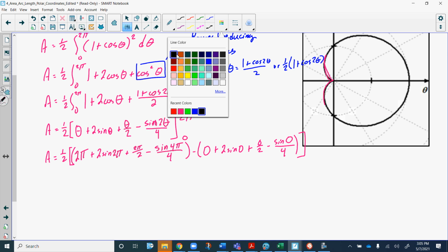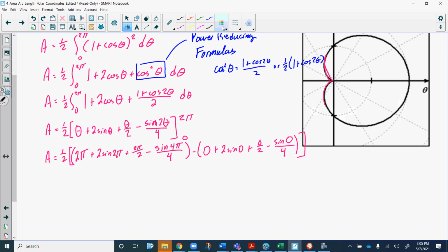Let's see. So here, sine of 2 pi is just going to be 0. So 0 times 2 is just 0. 2 pi over 2 simplifies to be pi. Sine of 4 pi is basically sine of 2 pi, so it's just going around twice.